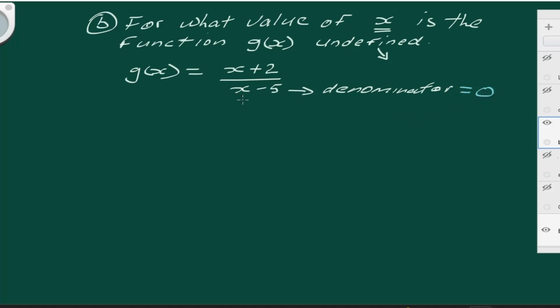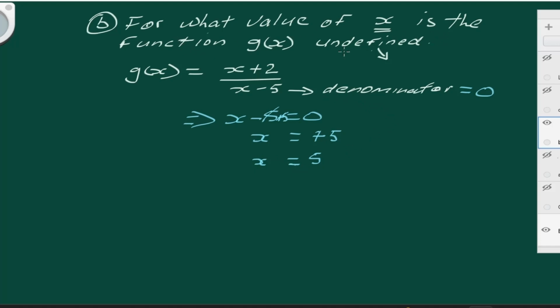So for the denominator to be equal to 0, first of all we're going to set the denominator to 0. You set the denominator equal to 0 and you solve for x. So x equals, you minus 5 on both sides. Sorry, plus 5 on both sides. So x has to be positive 5.